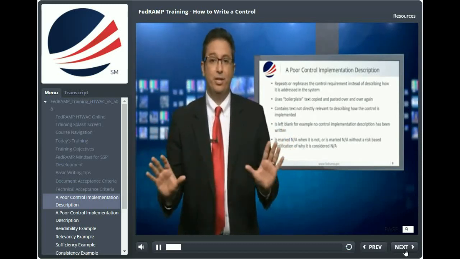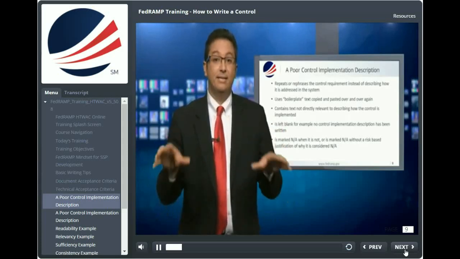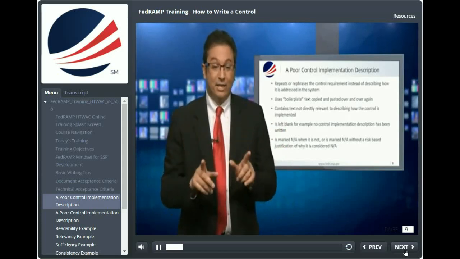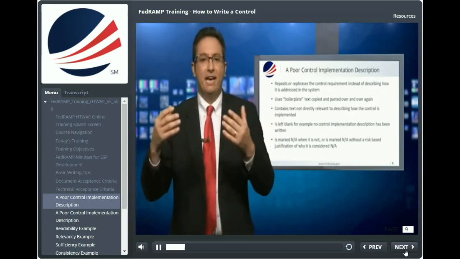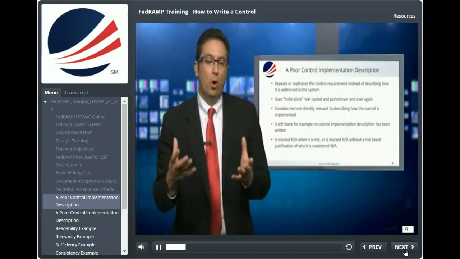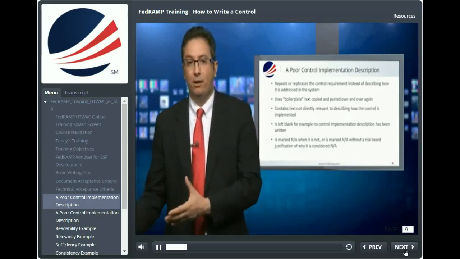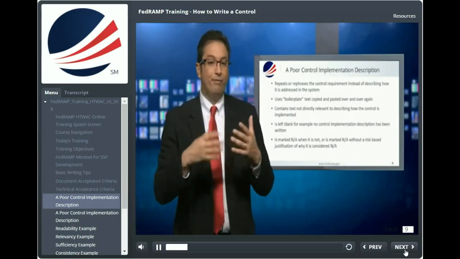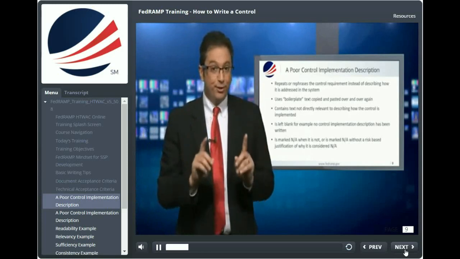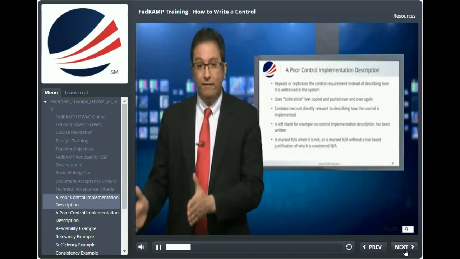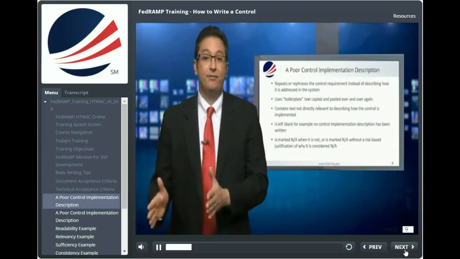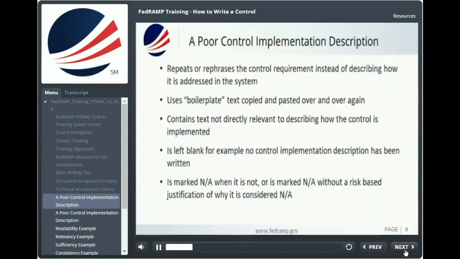That's fine. That won't get you in trouble. Leaving it there as the sole implementation, that's what's going to get you in trouble. What we need to see after that is the how, the who, the what, the when. All the details need to follow. So don't just repeat or rephrase something. If you choose to do that, and that's okay, make sure that you have all of the heavy details after it.